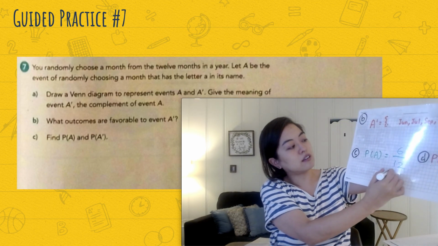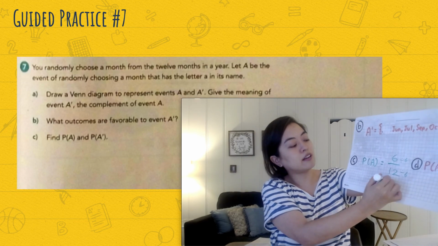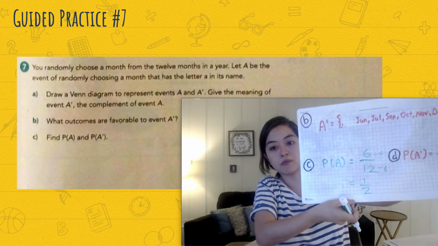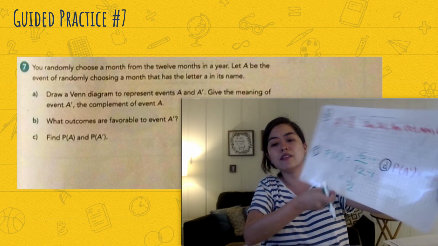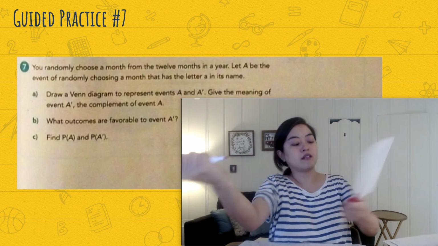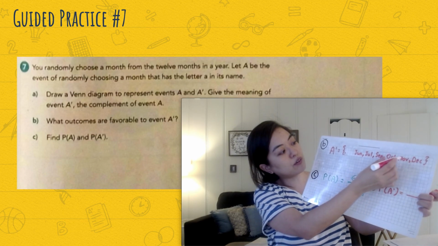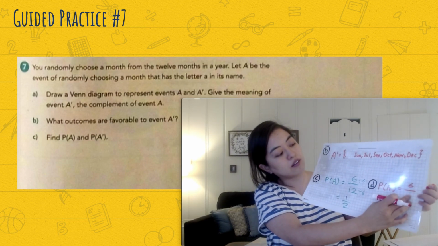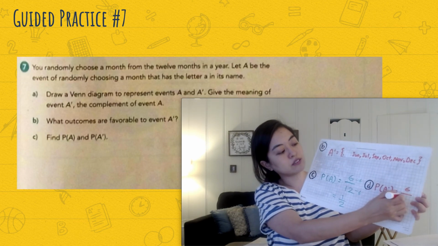Then we divide by 6 to simplify, and this 1/2 is the probability of event A. And the probability of the complement of A is, again, 6 outcomes for the complement of A, and the total number of outcomes is 12.